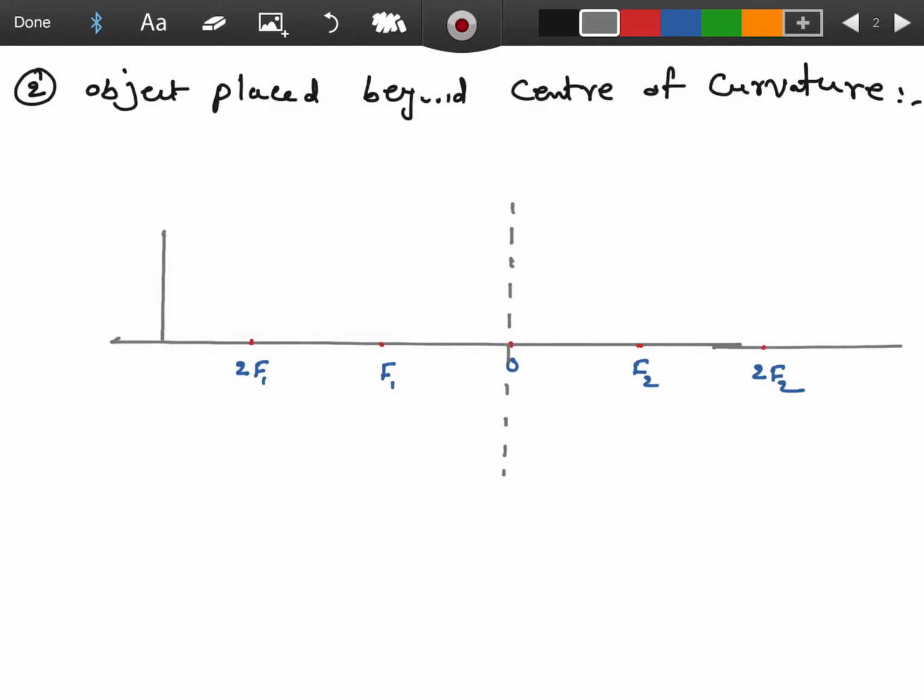That is an arbitrary distance, but for better representation I am taking 2.5 centimeters. This is 3 centimeter, this is 6 centimeter from the optic center. Again this is 3 centimeter, this is 6 centimeter. You will get better ray diagrams if you use these notations.